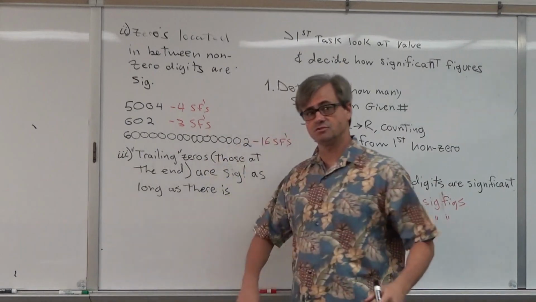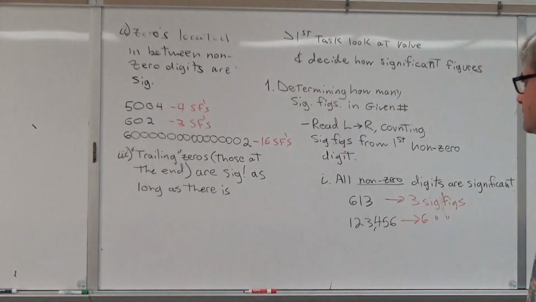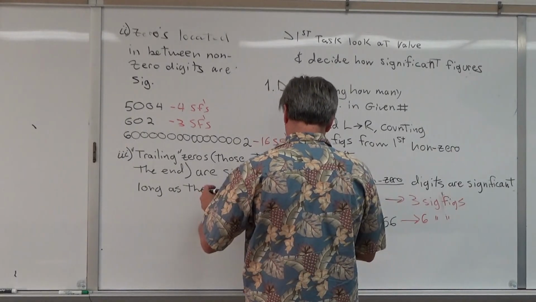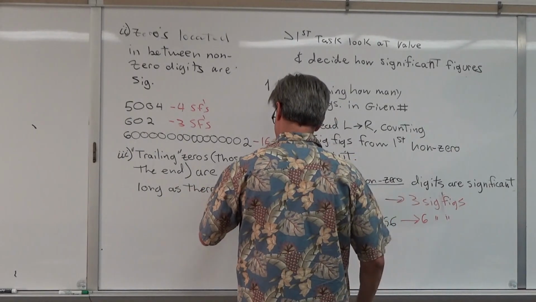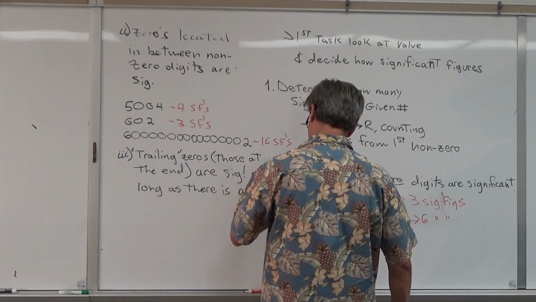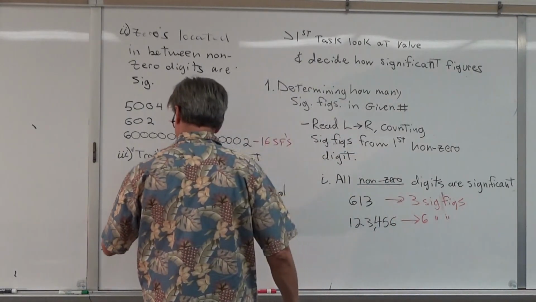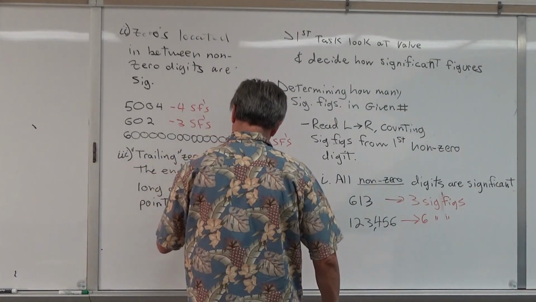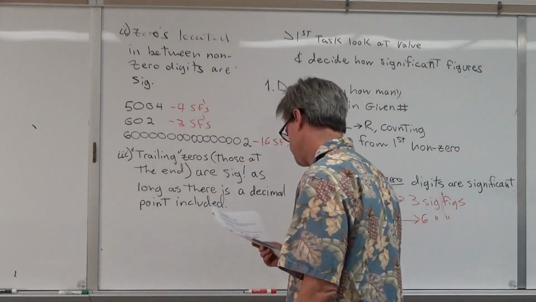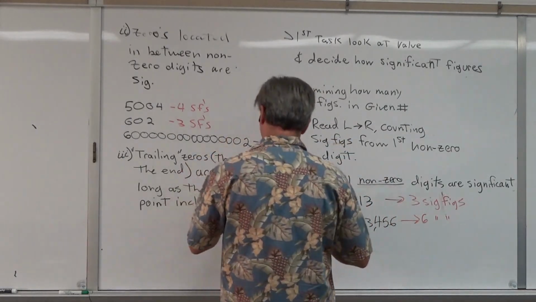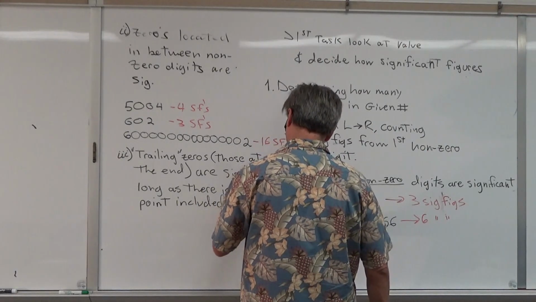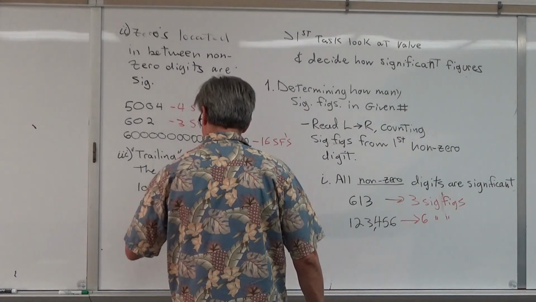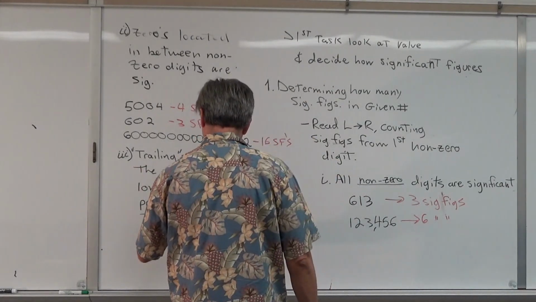These are conventions, things that are agreed upon in the science world. Otherwise, trailing zeros don't count.